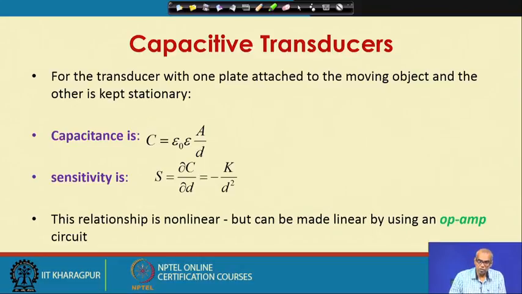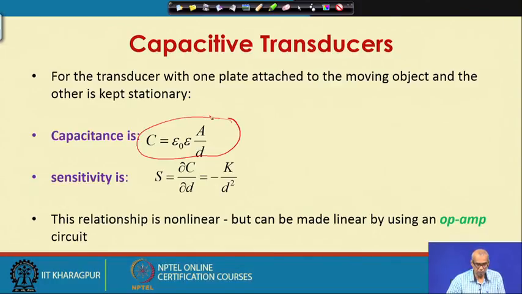For the transducer with one plate attached to the moving object and the other kept stationary, we can express the capacitance by this expression. Now, the sensitivity, if you remember, is the change in output divided by change in input.